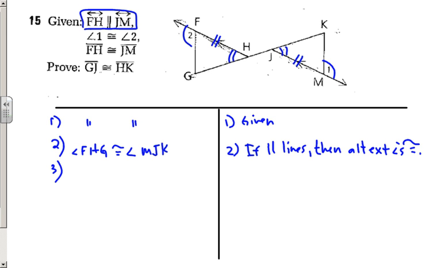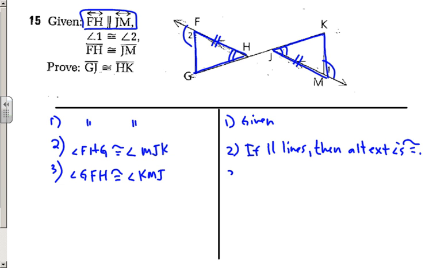Step 3, I still need something in these 2 triangles, because what I'm trying to do, if you haven't guessed, is prove these triangles are congruent. If I can do that, then I can prove that GH is congruent to JK, which would allow me to prove my actual goal. I'm just one short step away: angle GFH is congruent to angle KMJ.